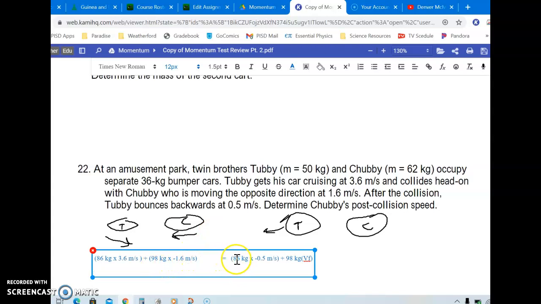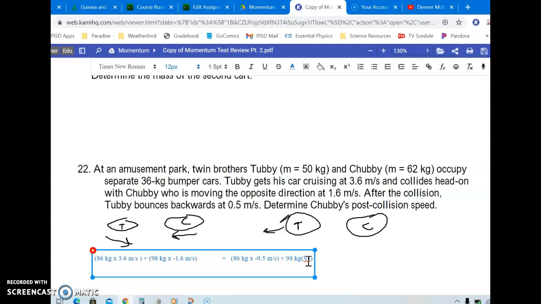That's going to be equal to Tubby's velocity, 86 kilograms, times his velocity, 0.5 meters per second, but he's going backwards, so it's going to be negative this time, plus 98 kilograms times his final velocity.